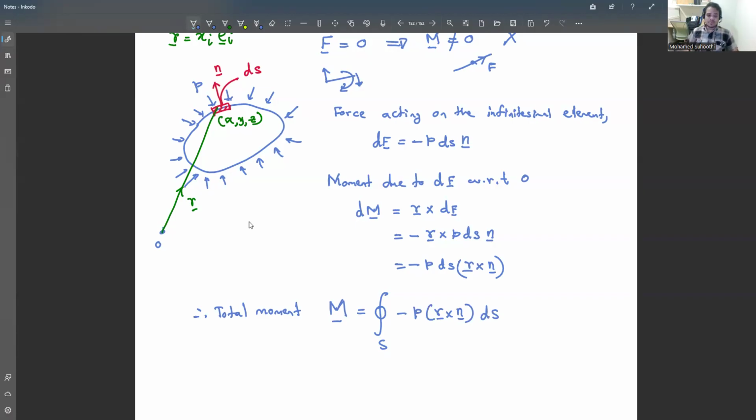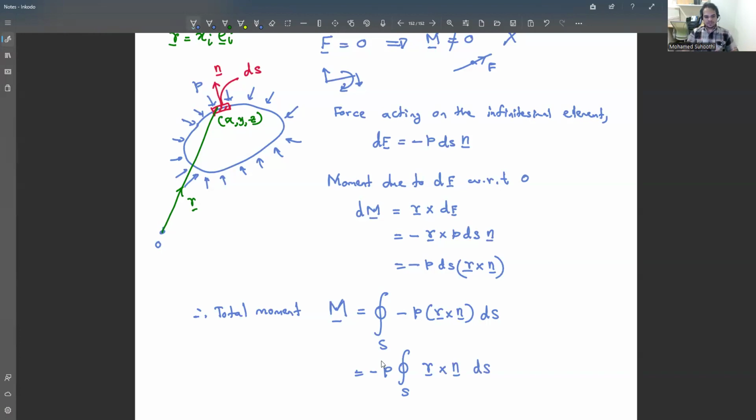This is the total moment. Let me take p as a uniform pressure, therefore I can take p out: minus p, surface integration over the entire surface, R cross n ds.